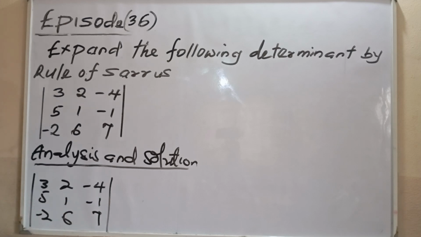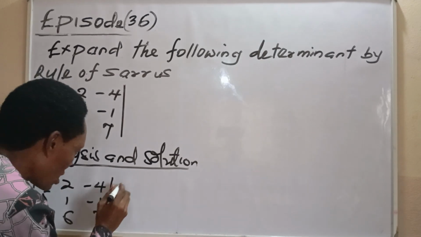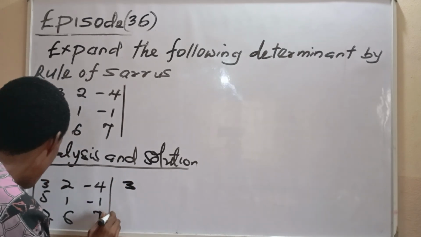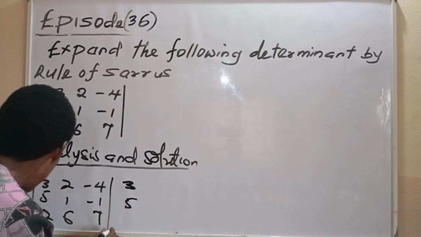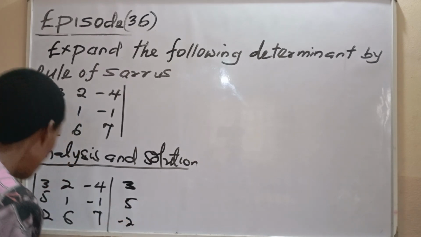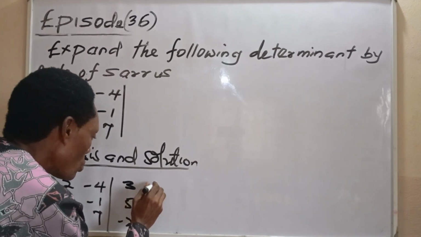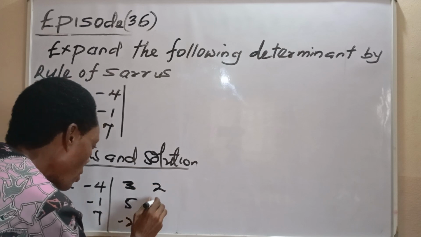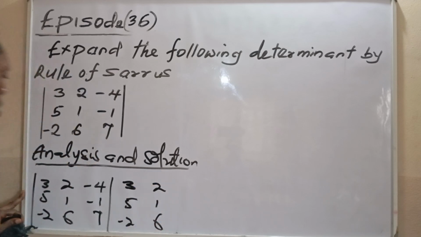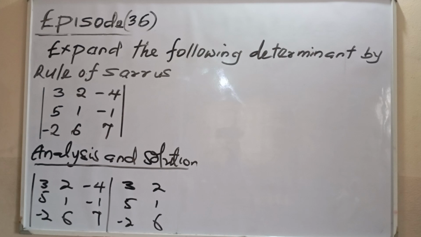Then you repeat the first two columns: 3, 5, minus 2, and 2, 1, 6.